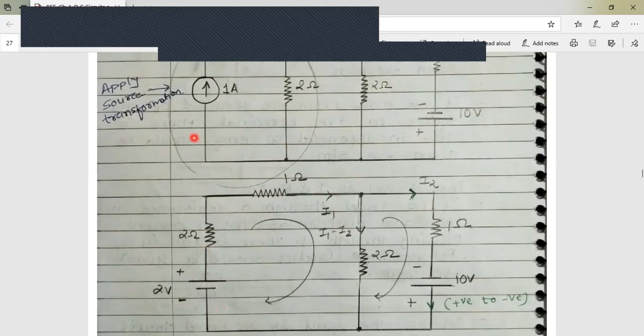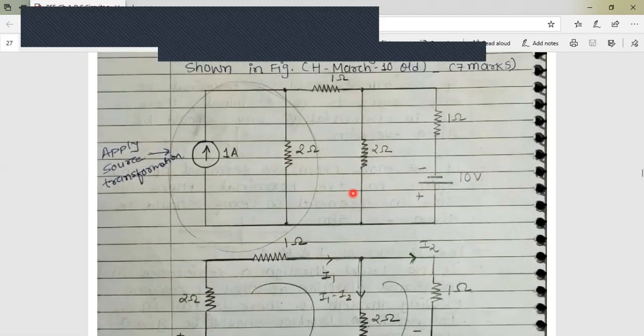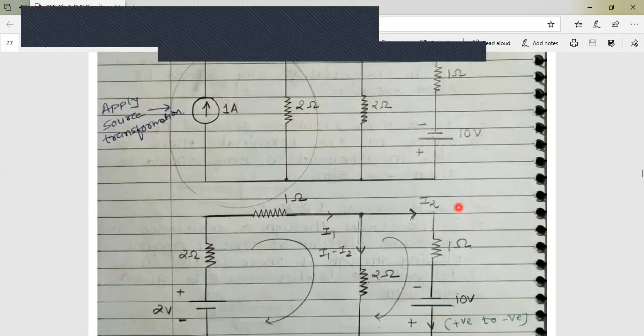So this 1 ampere current source is converted into a 2 volt voltage source, and this shunt resistance comes in series with the voltage source. The remaining circuit is the same as the above circuit: 1 ohm resistance, 2 ohm resistance, 1 ohm resistance, and the 10-volt voltage source.